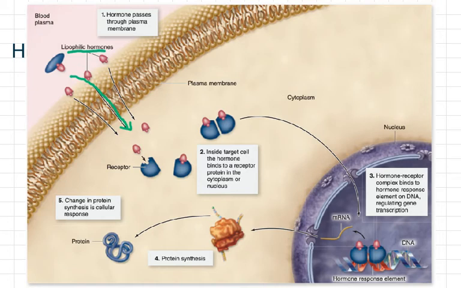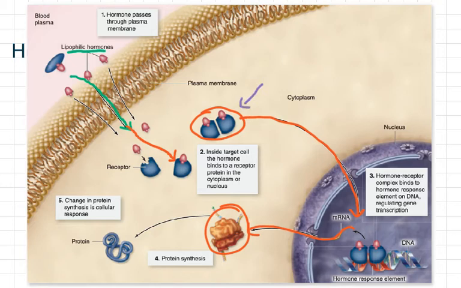And so once the hormone passes through the membrane, it attaches to its receptor inside the cytoplasm of the cell. And once it binds to its receptor, the action directly affects the nucleus. And so it causes changes in the DNA through mRNA transcription and translation, which then directly affects protein synthesis. Within this mechanism of action, once the hormone binds to its receptor, there are no more receptors along the pathway.